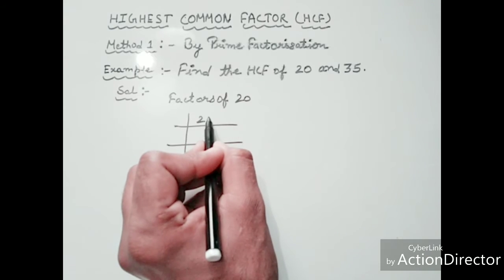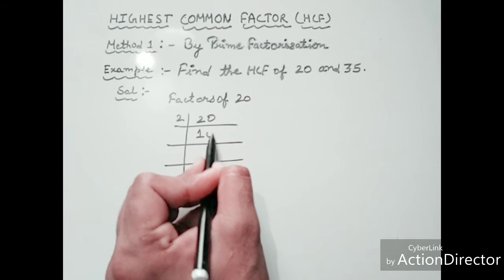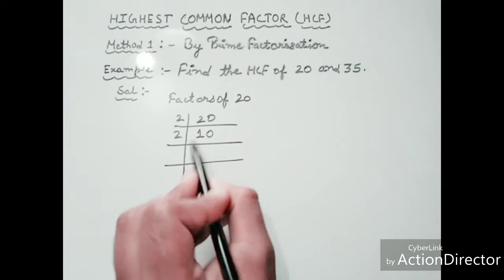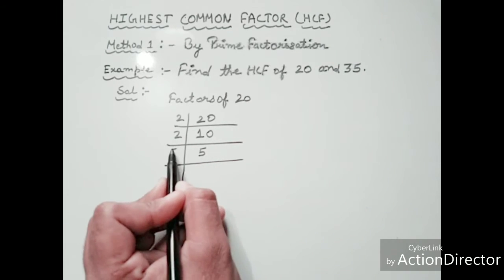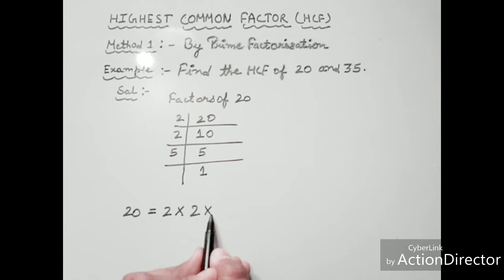So we write 20. 2 10s are 20, then 10 divided by 2, 2 5s are 10 and then 5 1s are 5. So the factors of 20 are 2 multiplied by 2 and then multiplied by 5.